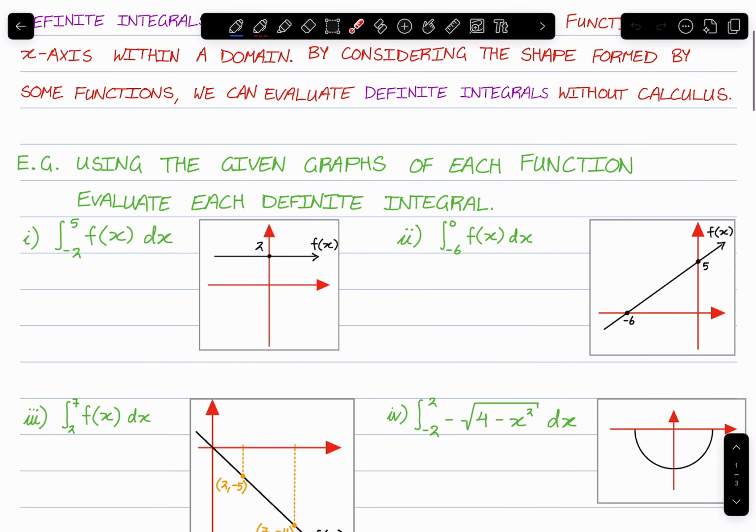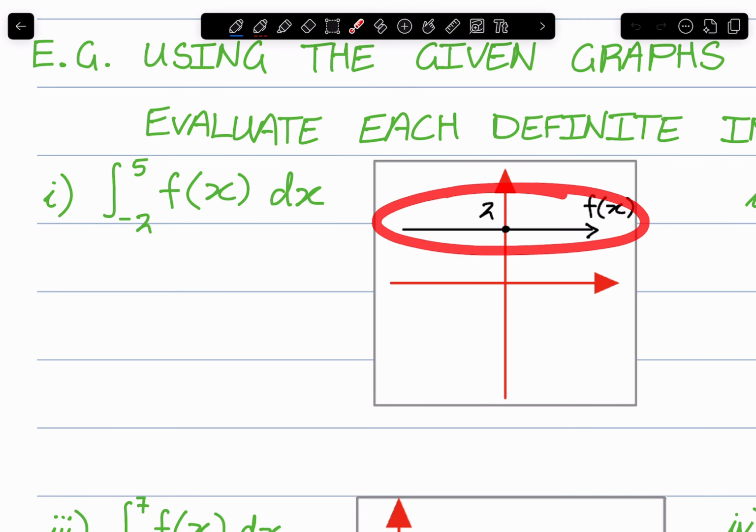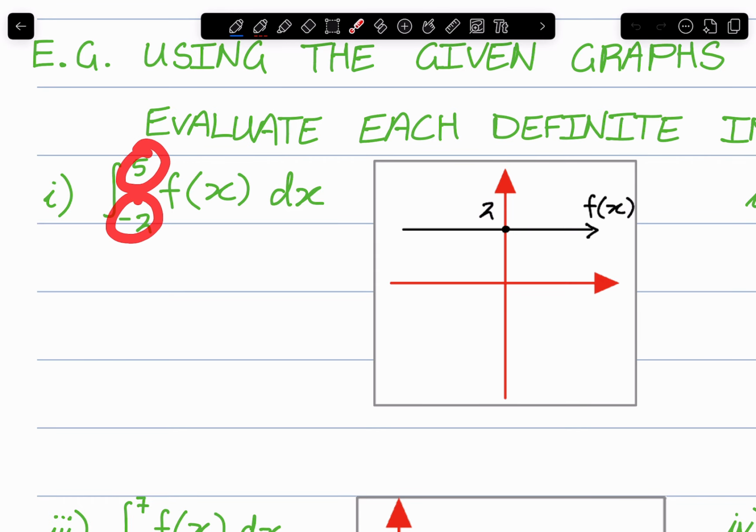Using the graphs, evaluate each definite integral. The graph here is of f of x, and it's asking us to find the definite integral from negative 2 till 5. Roughly that'll be around from here, negative 2 until 5, definitely not to scale. It's asking us to find the area of this segment here.